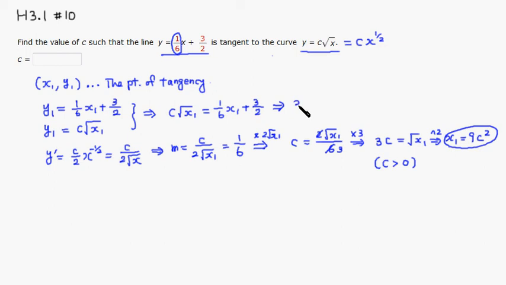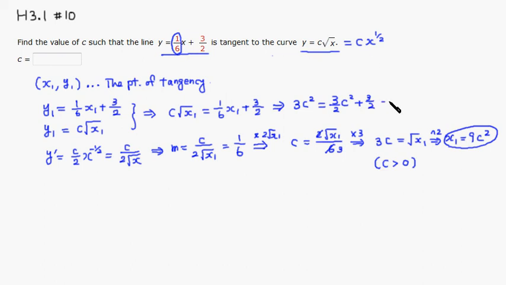Then x1 over 6 is 9c squared divided by 6. Let's simplify that: it's 3/2 c squared plus 3/2.